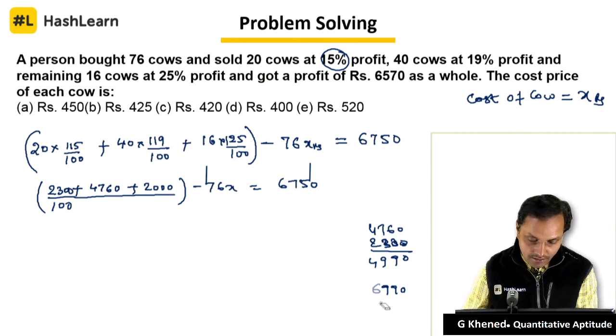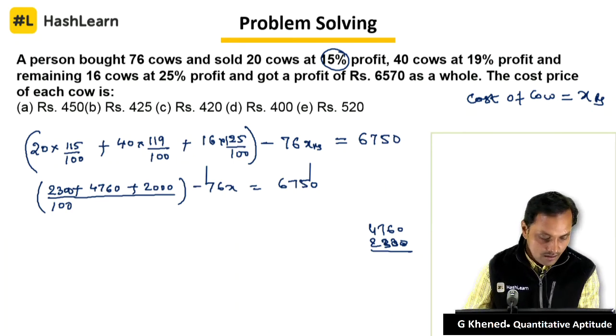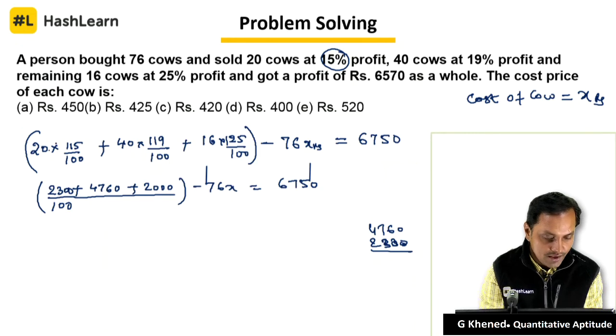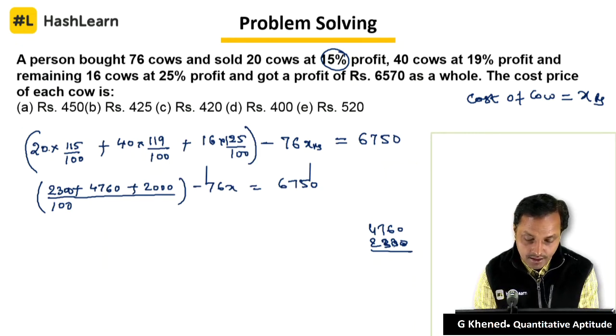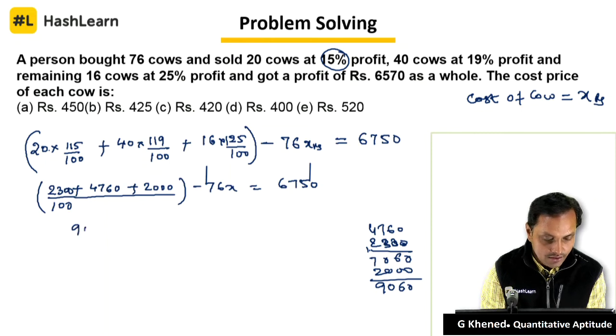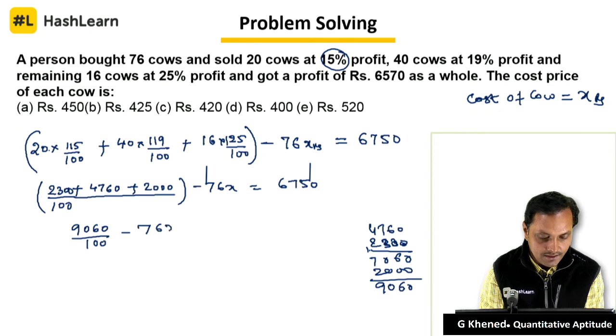Once you do the calculation, 2300 plus 4760 plus 2000 is 9060, so this is 9060 by 100 minus 76x is equal to 6750.